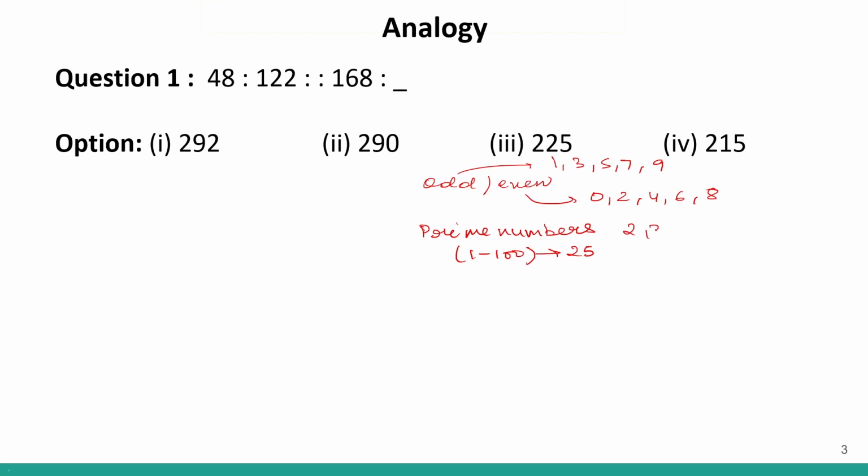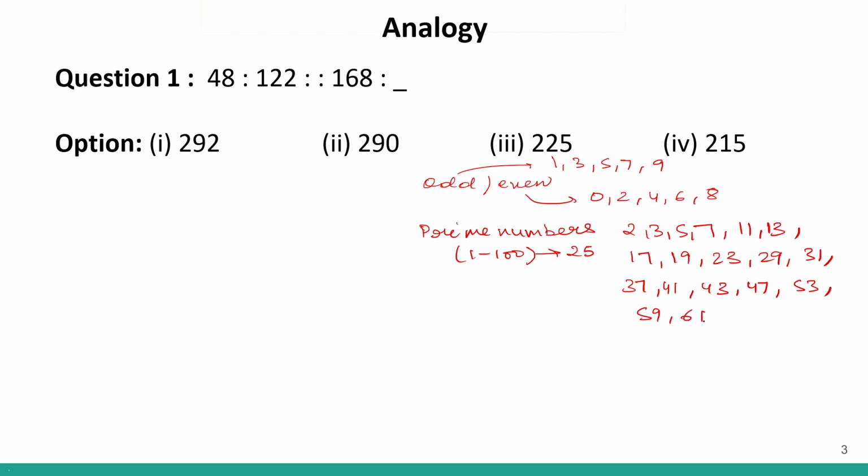So we have 2, 3, 5, 7, 11, 13, 17, 19, 23, 29, 31, 37, 41, 43, 47, 53, 59, 61, 67, 71, 73, 79, 83, 89 and 97. So these are your prime numbers between 1 to 100.